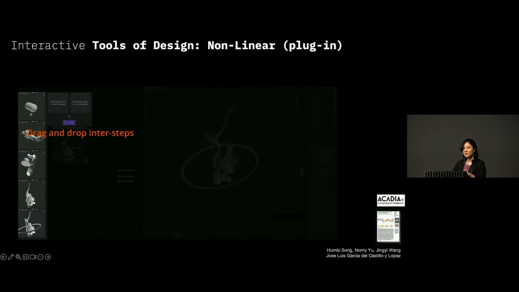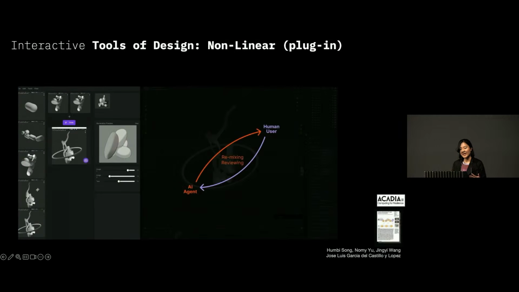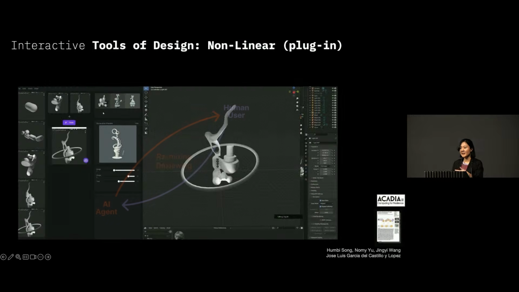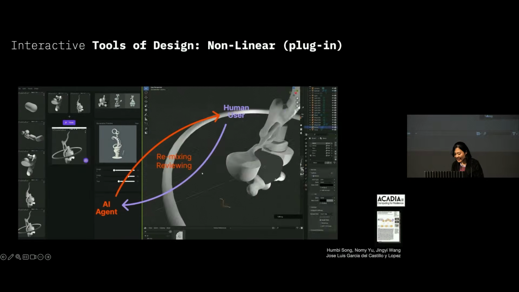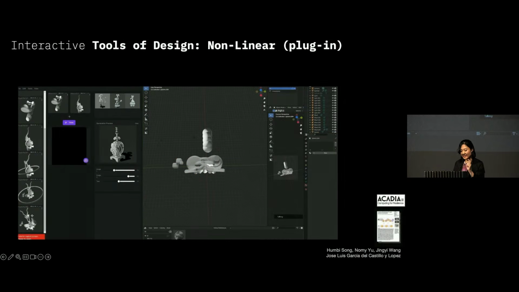So in this case, we're not going to some other website, and then getting the output and bringing it in. This is something that's natively happening in the software you already feel comfortable with and have some handle on how to express yourself, right? And so the idea is this plugin is something that you can use intermittently.